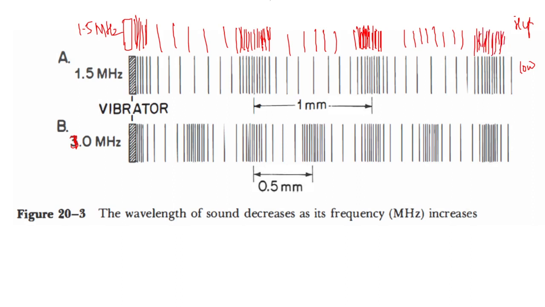Because the vibrator here strikes harder, it receives more energy, so there are more vibrations. The rarefactions will be wider, and it transmits more energy.